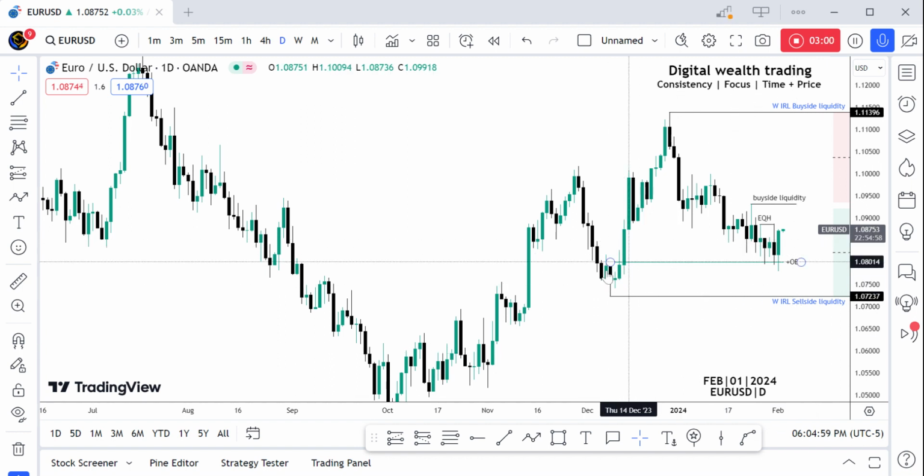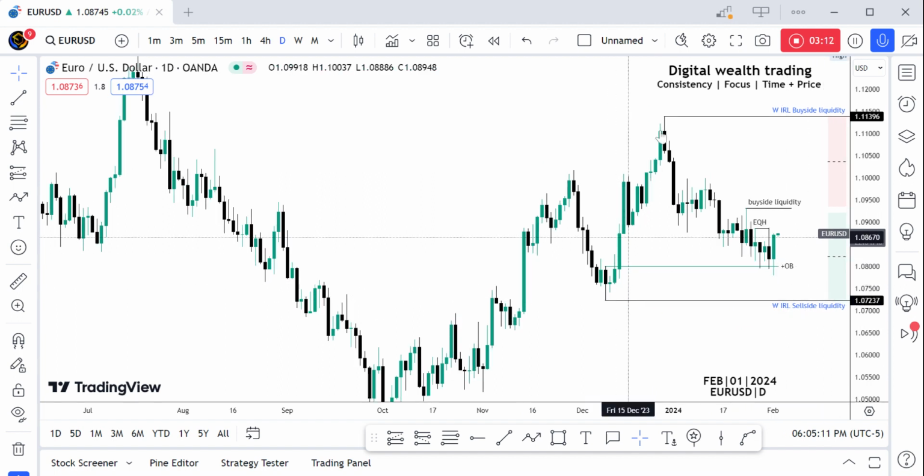Now we have the daily ICT bullish order block, this particular area, and it is on a deep discount, the 78% region. If you measure from here to here, this is the 78% region. We priced into it again, swept the relative equal lows that were created, and immediately we ran up impulsively.